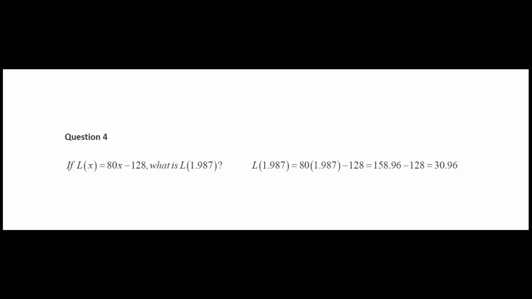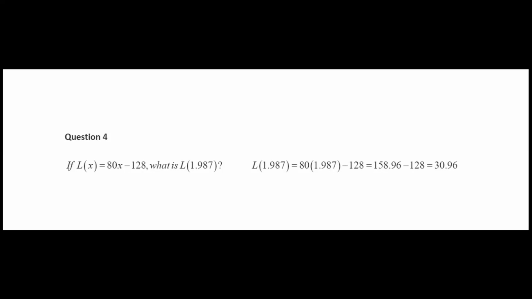Not like multiplying 1.987 by itself 5 times. So we can all pretty much agree that 80 times 1.987 is doable, and subtract 128 from that, and we get 30.96. That's doable. Whereas multiplying it by itself 5 times is not really doable.